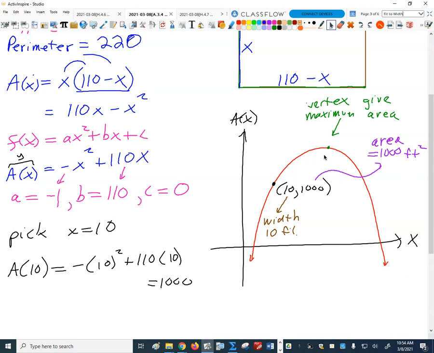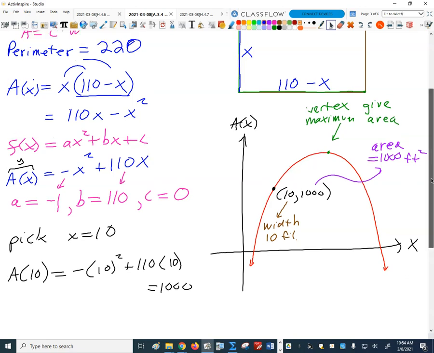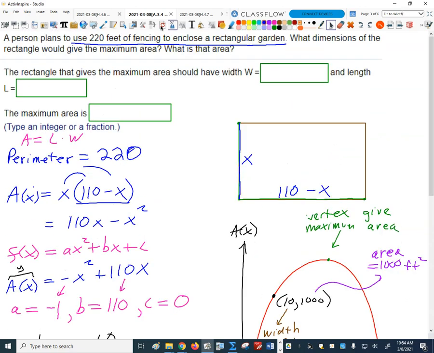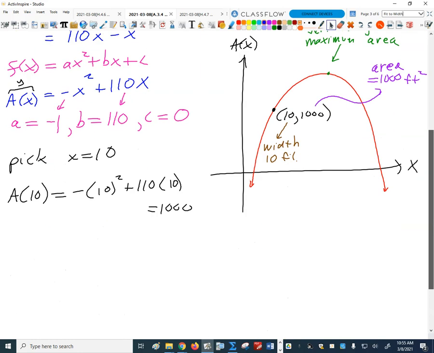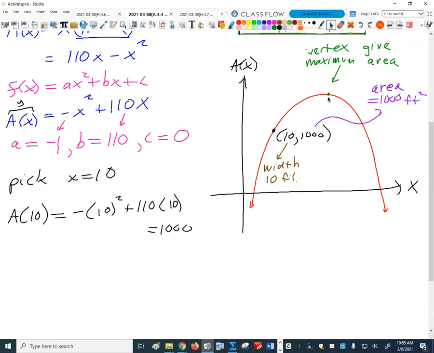Because the vertex is the highest point on a parabola that opens down. And so if we're trying to find what width gives us a maximum, what's the value of x in this case, because x is the width, what's the value of x that produces a maximum, all of that is going to be given to us by the coordinates of the vertex, right?